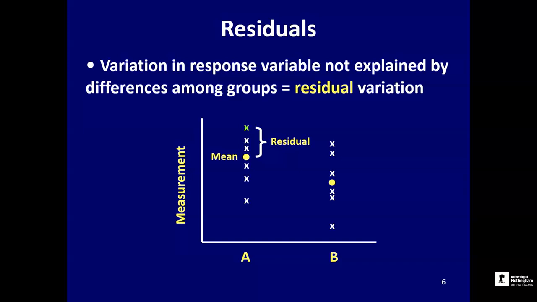Because for any statistical model, any statistical analysis, no matter how many factors or continuous predictor variables, no matter what the independent variables look like, we are, with a parametric test, nearly always assuming that the distance between each individual data point and the prediction of the model, which in this case is represented by the mean, those distances are normally distributed.